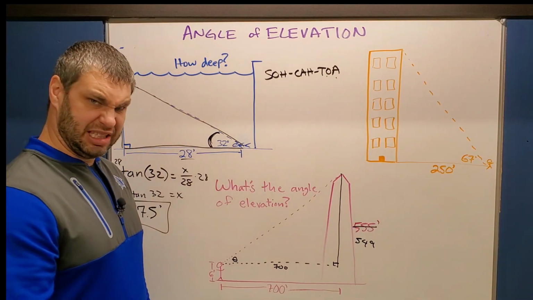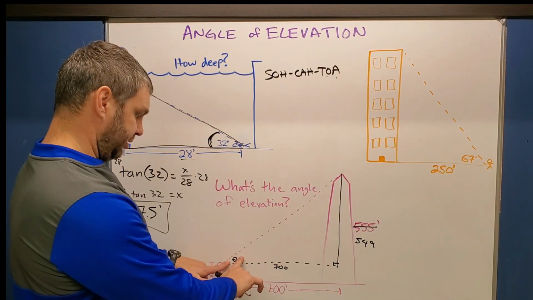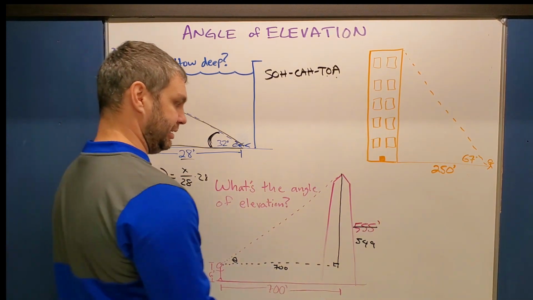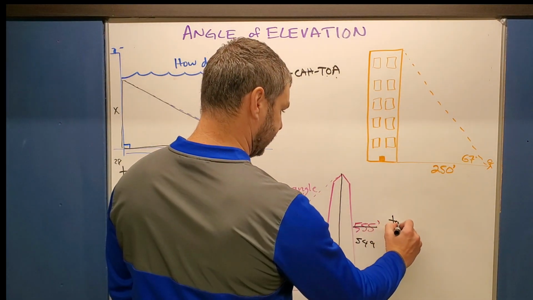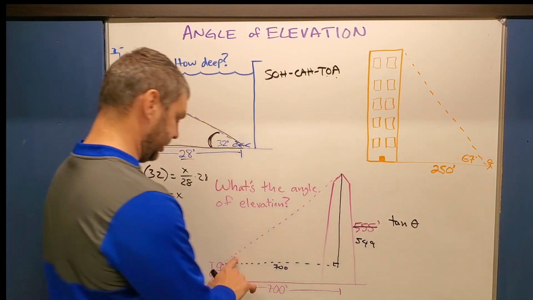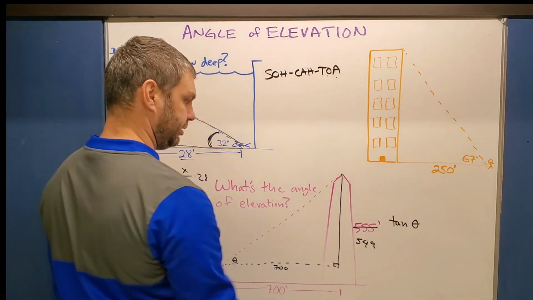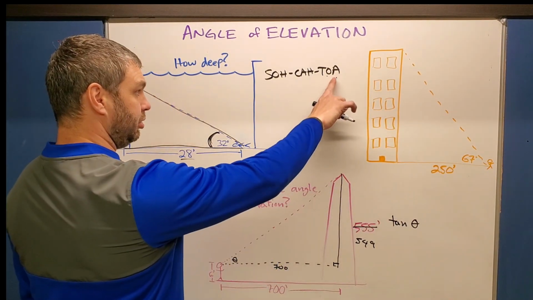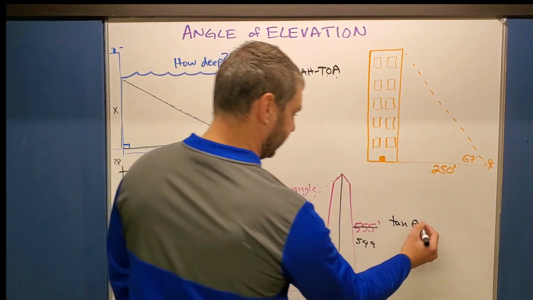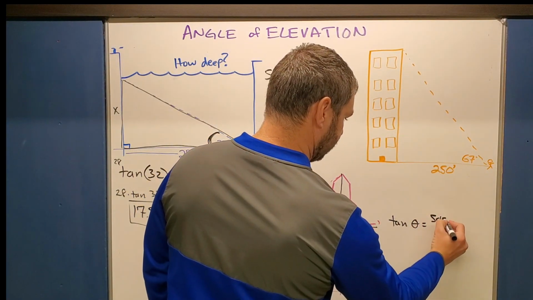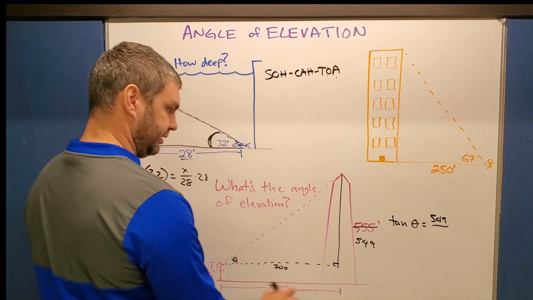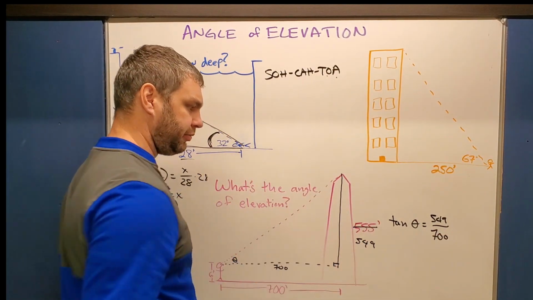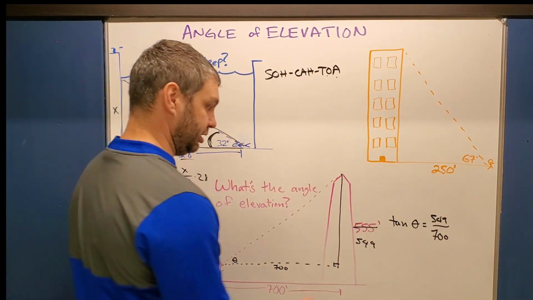And again, most of these will use tangent because compared to that angle, I have the opposite and the adjacent. So again, I'm going to set up my tangent function and say tangent of my angle, call it theta, just a Greek letter, or you could say x if you don't like that. And again, we want O and A, the opposite, 549, over the adjacent 700. Okay, and remember to solve for theta here, we need to take the inverse tangent.